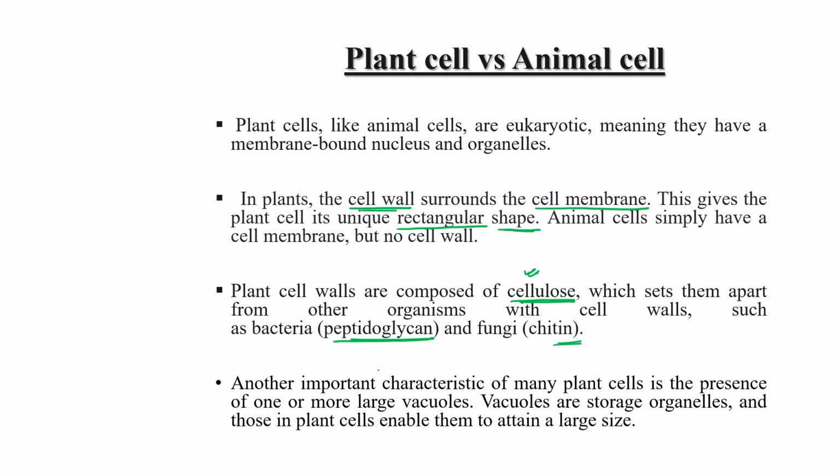Another important characteristic is that the plant cell has one large central vacuole, as I told you already, and this vacuole acts as a storage organelle for different kinds of food particles. It stores food and is also involved in some other functions.